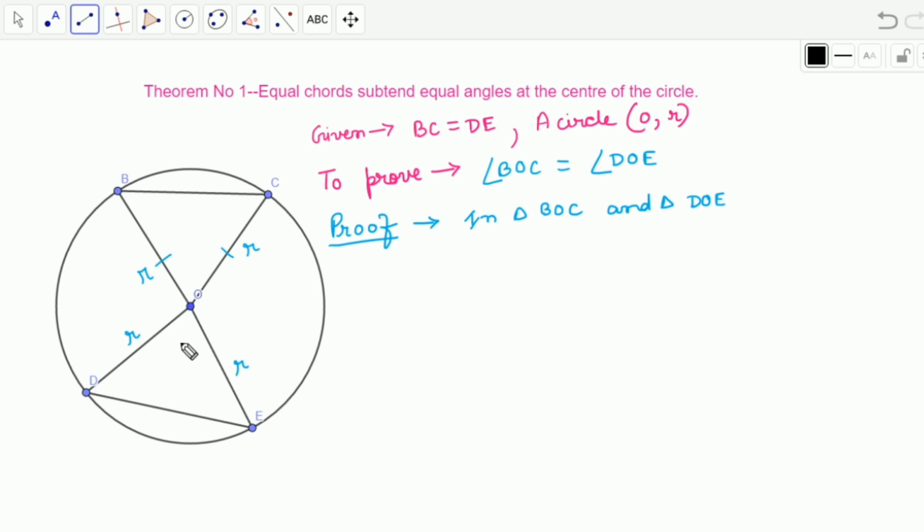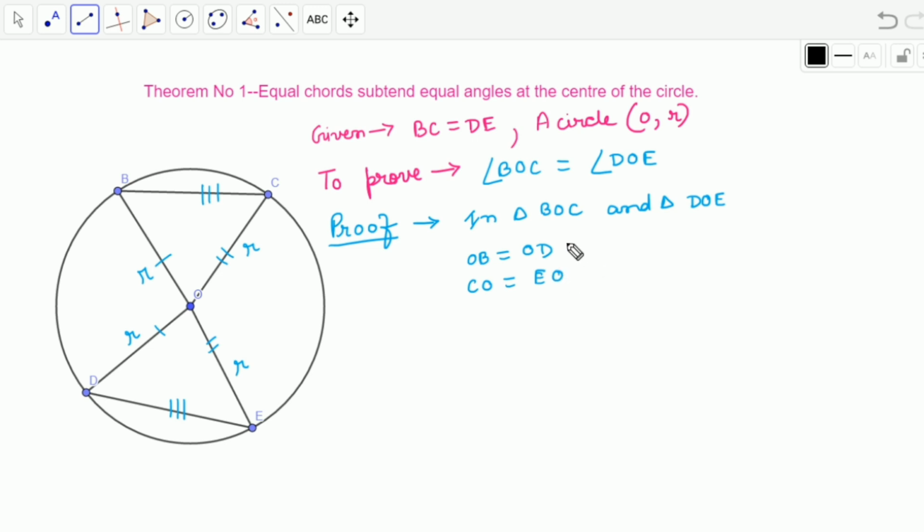So firstly, this is equal to this is equal to this. In these triangles, this side is equal to this side, which is given to us in the question, that the two chords are equal. So OB is equal to OD, also CO is equal to EO.